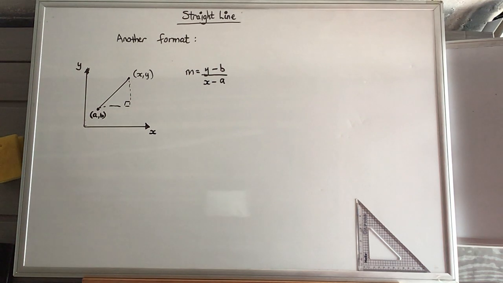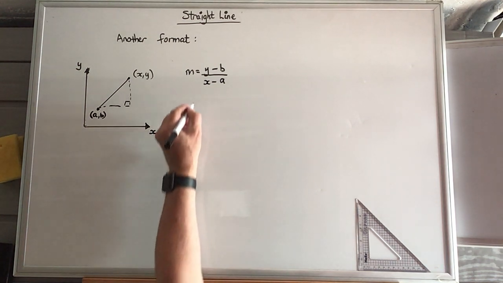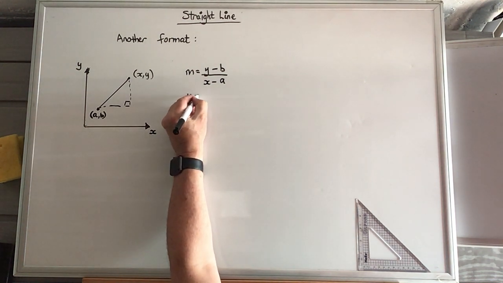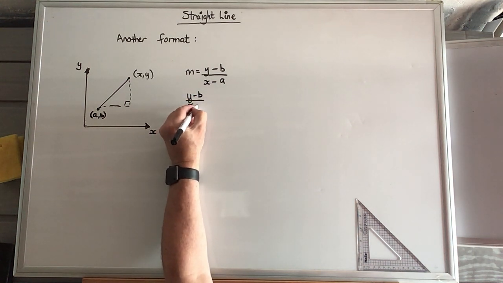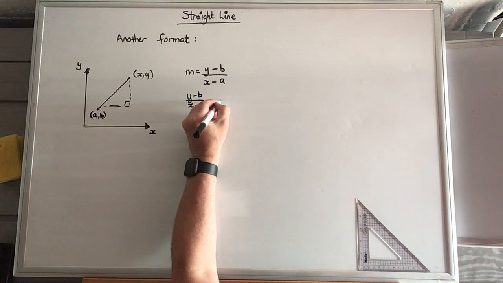Okay. Now all we do is use our knowledge of rearranging an equation, and we're going to rearrange this slightly. So first thing I'm going to do is swap it round. I'm going to write it as y minus b over x minus a is equal to m.